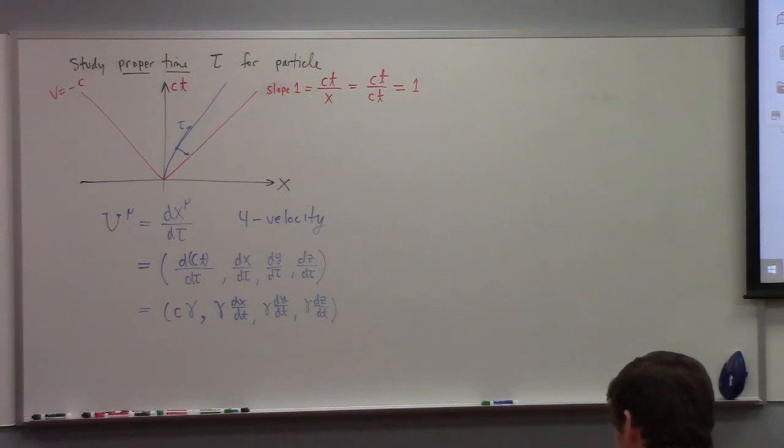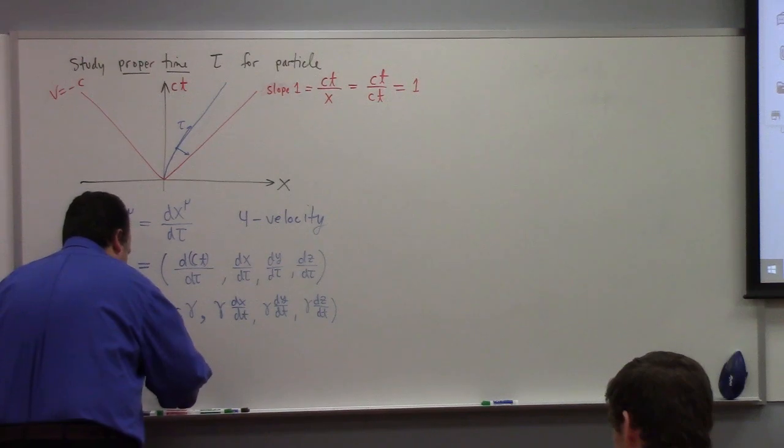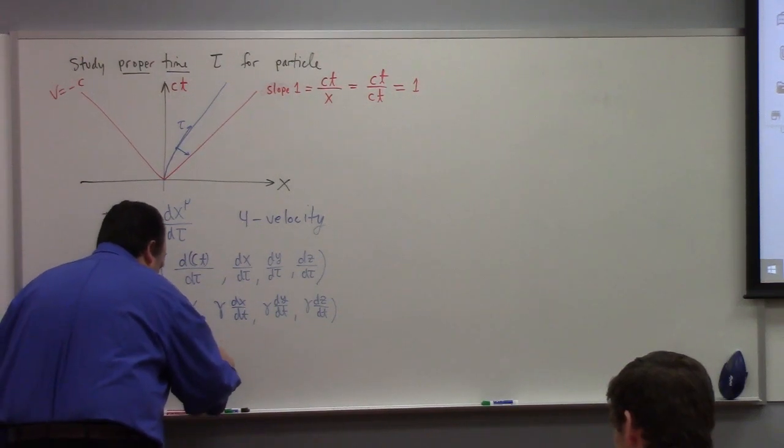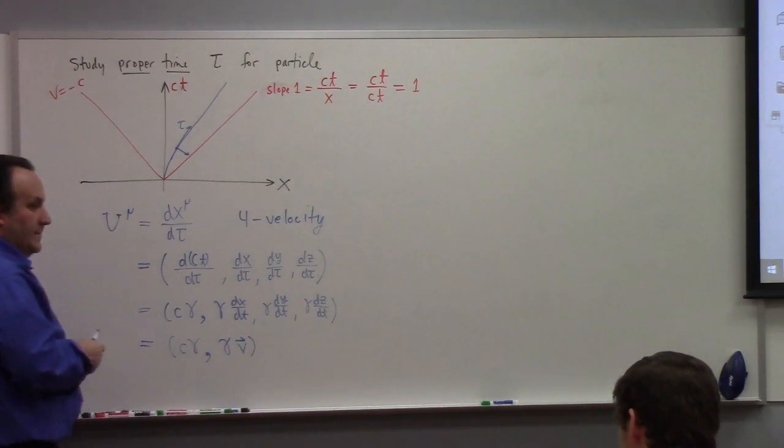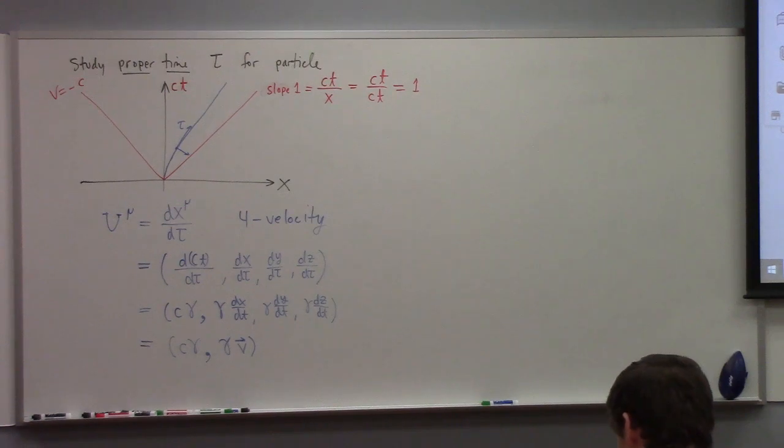So the 4 velocity, to use other notation, is like c gamma, and then you've got gamma times the ordinary velocity. So in the relativistic 4 velocity, you end up picking up the regular velocity times this gamma factor. All right?